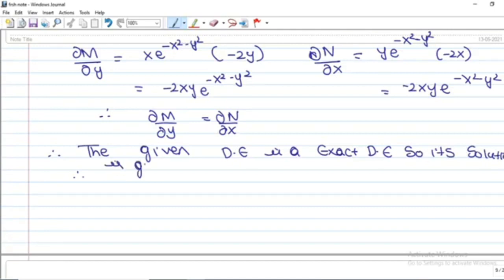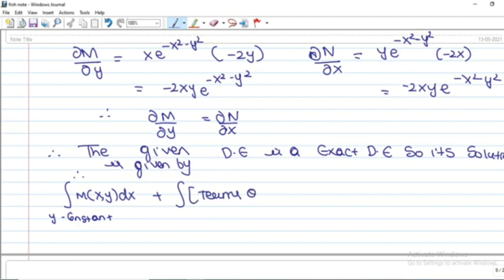Therefore, after knowing that it is an exact differential equation, its solution is given by integral of M of x comma y dx with y constant, plus integral of terms of N of x comma y free from x, equal to constant.